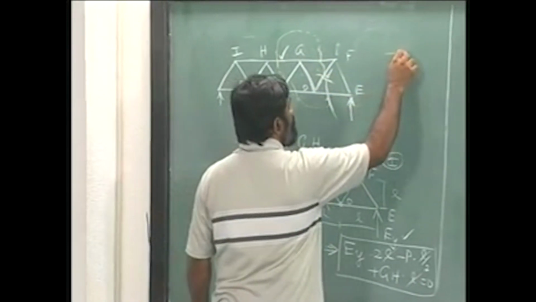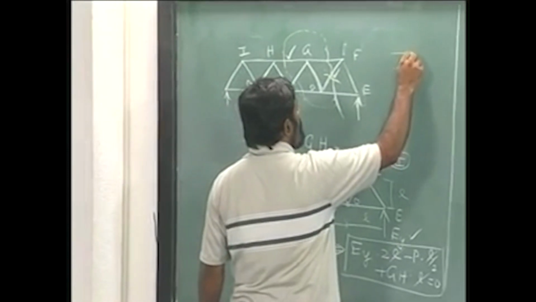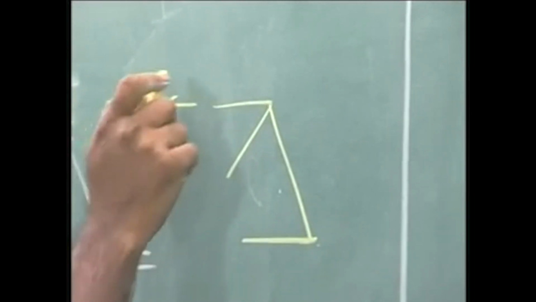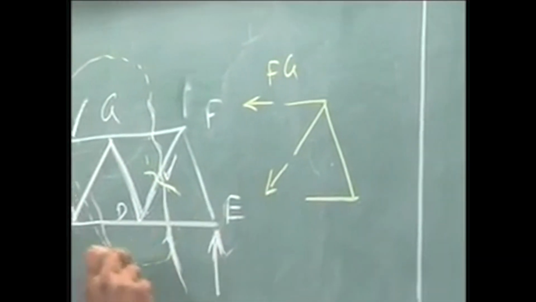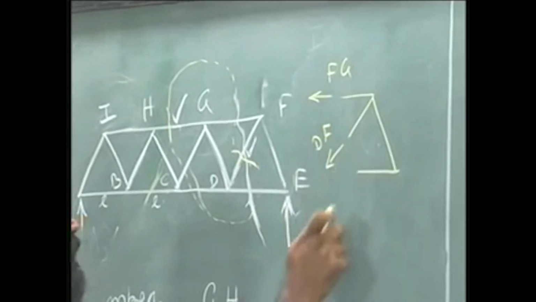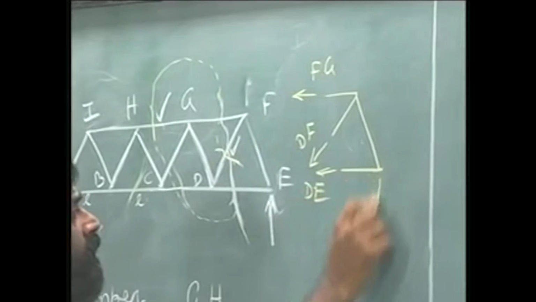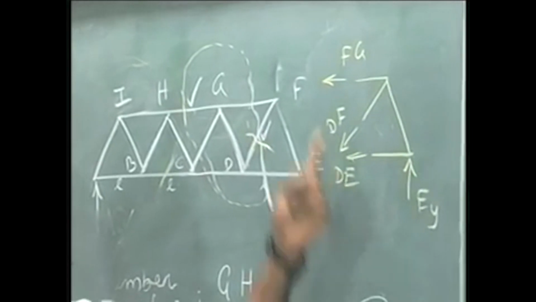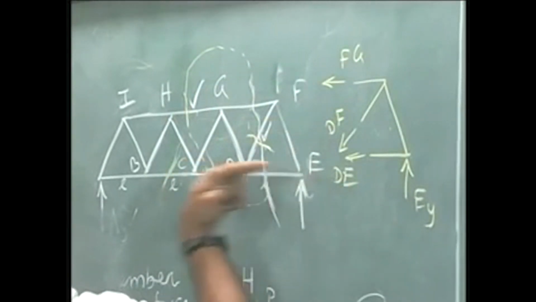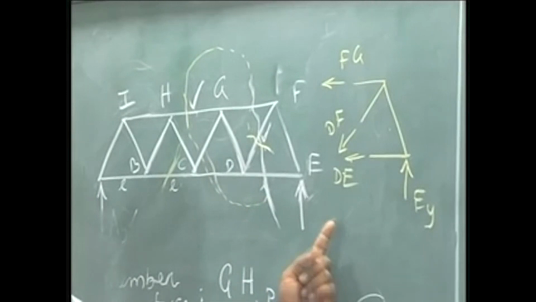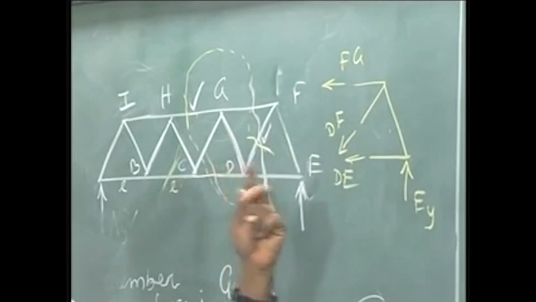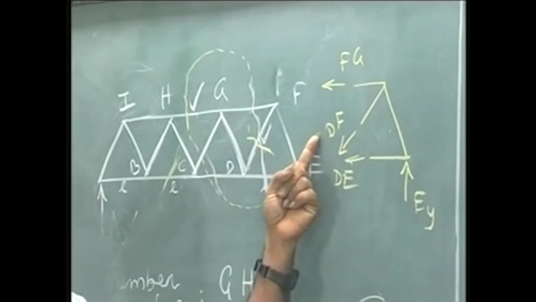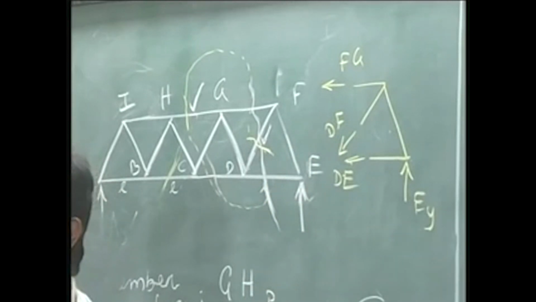So I have revealed these 3 forces, FG, DF and DE, and notice DE and FG are horizontal forces, and if I have to eliminate DE and FG, I just have to take a vertical equilibrium, which means only component of DF and EY will come into picture and I can solve for that.